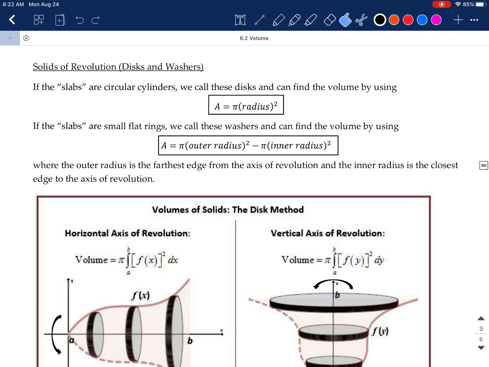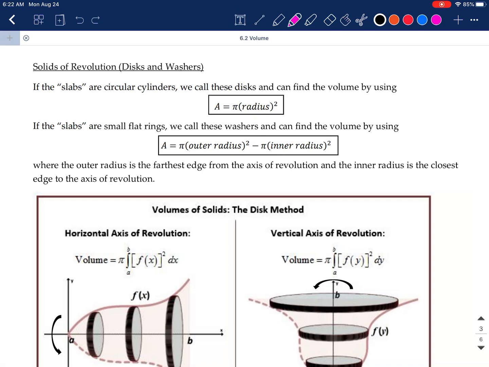And then from there, we're going to discuss disks and washers, where we have circular areas. So our region is circular, and our base area is going to be pi r squared. So pi r squared times delta x will be our volume.